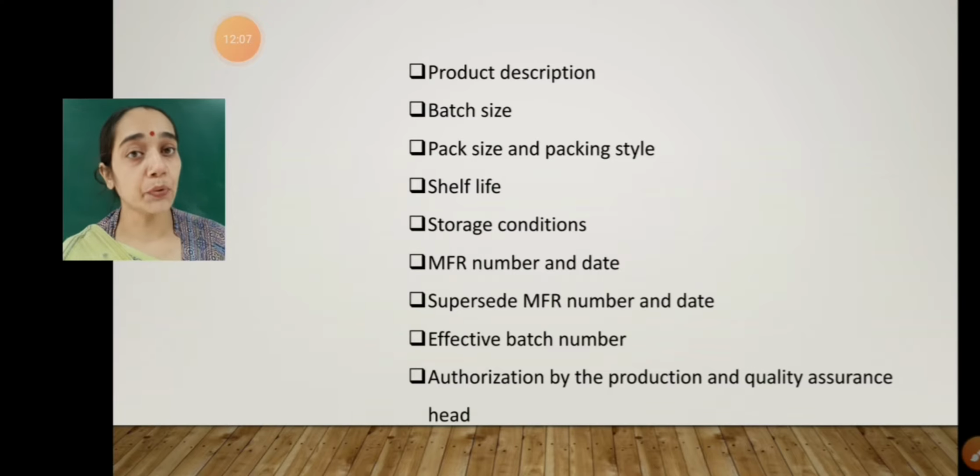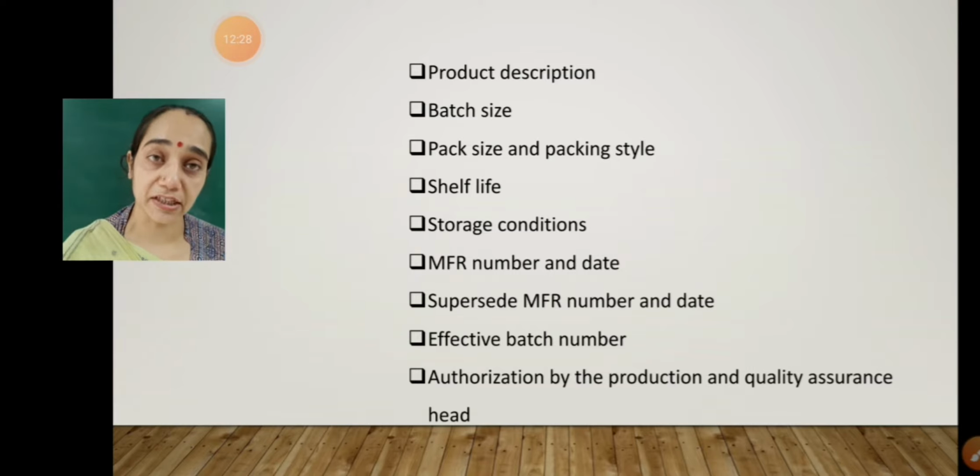Is it a granule, a tablet, a pellet, whatever may be, the product description will be given, explaining how this product shows the particular effect as well as how it can be manufactured.